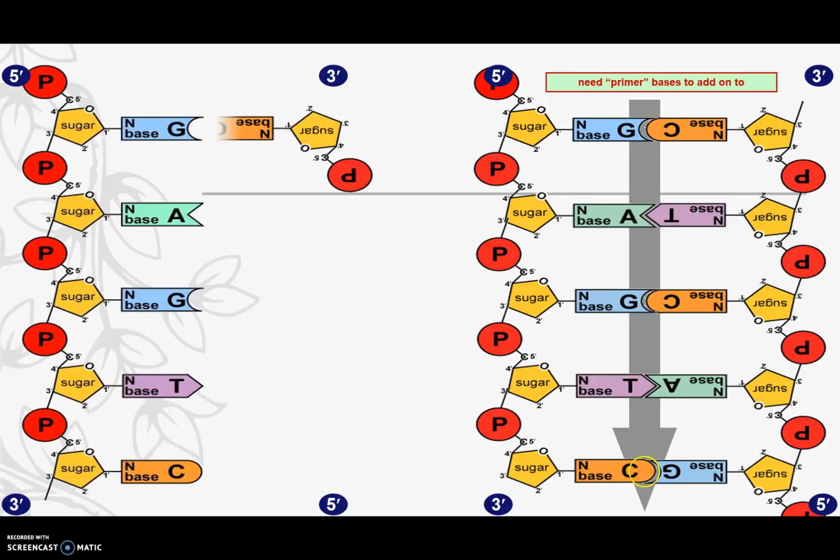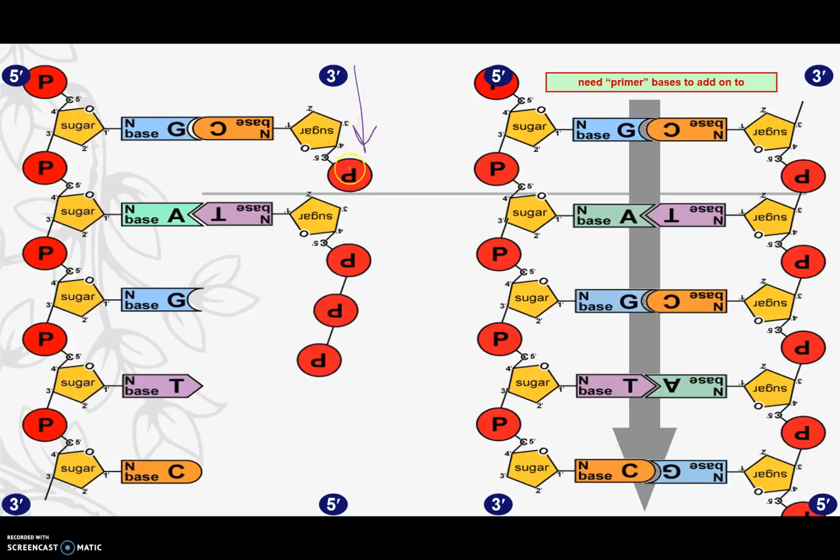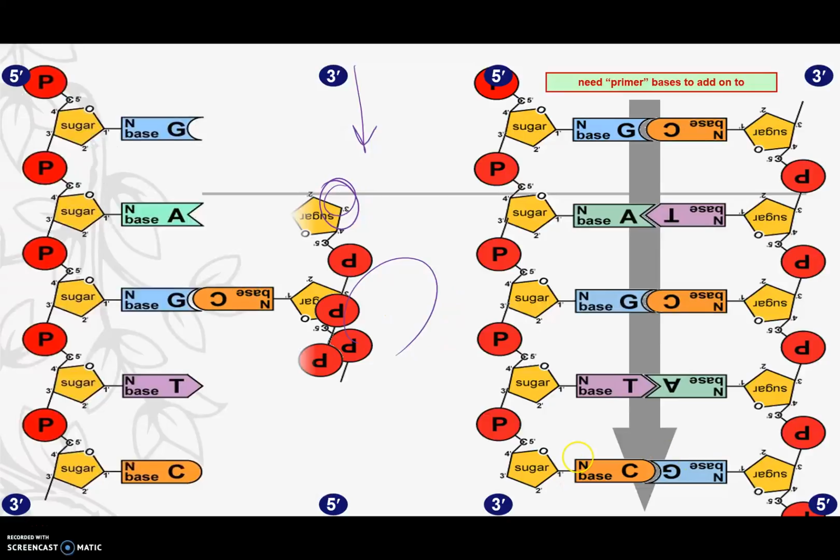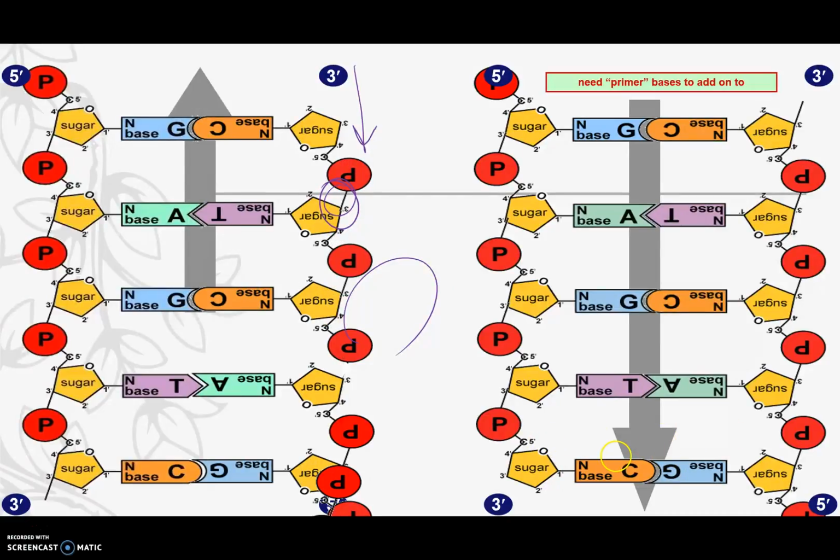Whereas the other side, if I go to build this in the 3' to 5', it doesn't work because the energy is down here. So how am I going to connect this? I can't. And this is why we build it in the 5' to 3' direction. And we'll actually build it in fragments on this other side. And then right here, we're missing a phosphodiester bond.